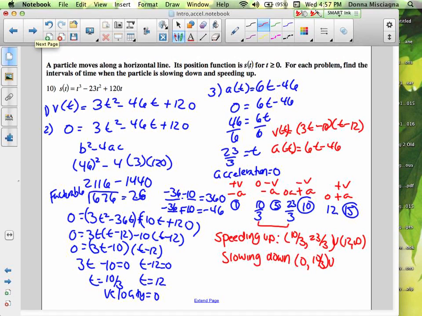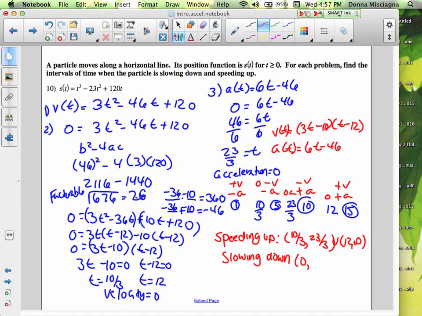And then we were slowing down from 0 to 10 thirds. And actually, we kept slowing down, so from 0 to 10 thirds. I'm going to try to get rid of this line here so I can point out when we were slowing down.